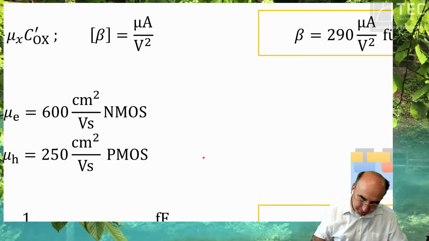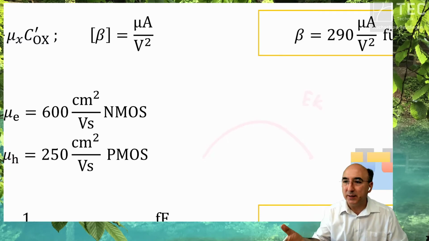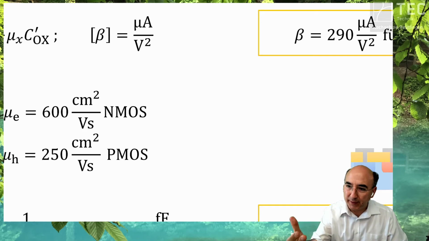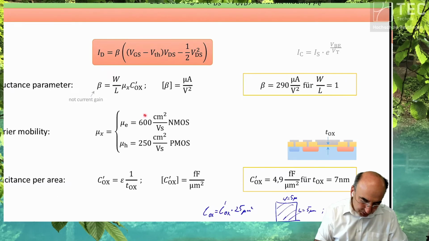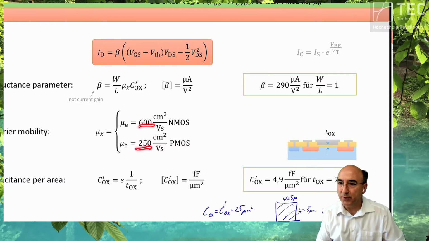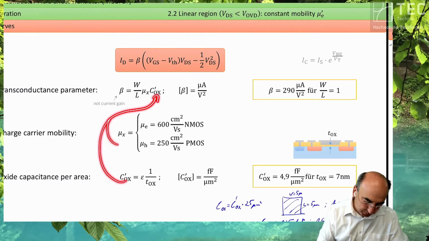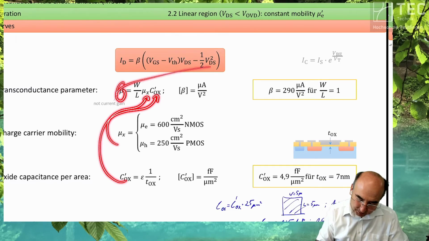That means if your holes have less bending in the E-k diagram, then the effective mass is higher. Therefore, you say okay, 600 for the electrons, 250 for the holes. Now you get, if you put in the oxide and the mobility, this value.